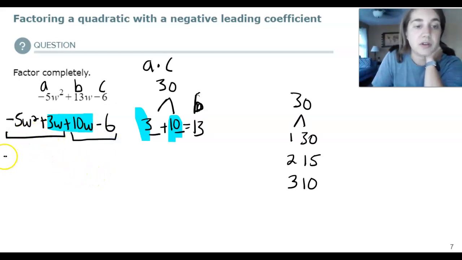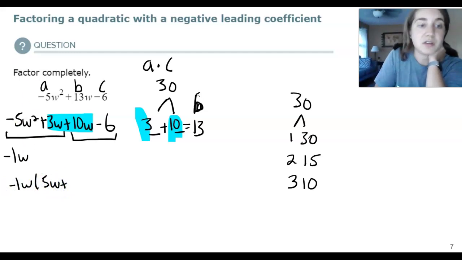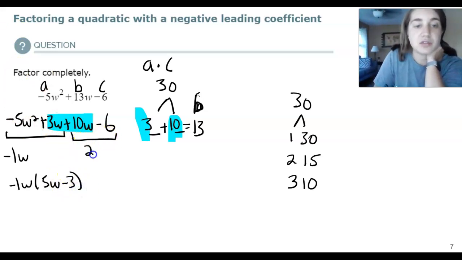I'm going to pull out a negative 1w from that. So I get 5w plus 5w minus 3. I'm going to pull out a 2 from that. I end up with my matching and my leftovers.